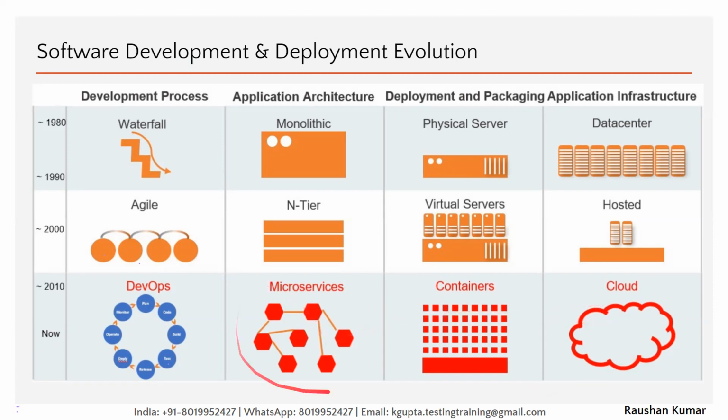Every company is developing microservices-based architecture, not monolithic. Very few companies are deploying software directly on VMs. We are deploying as containerized applications, and we are using cloud. We are not using on-prem, right?